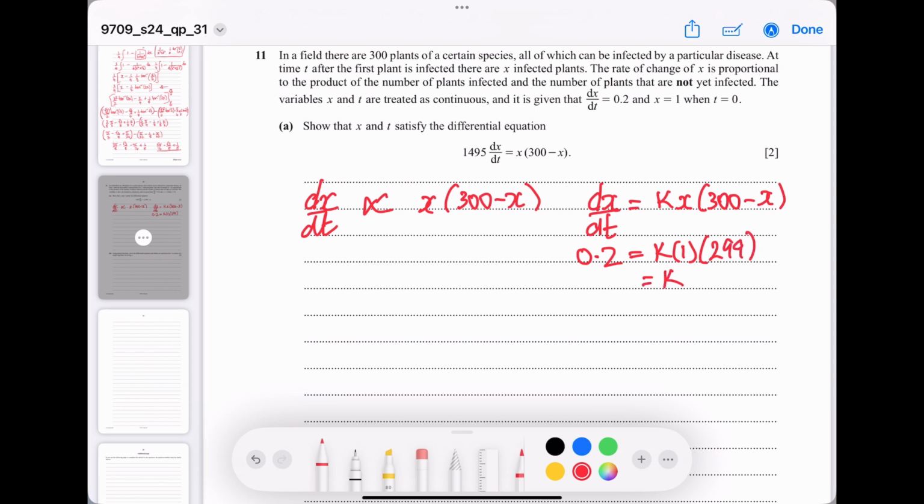So k is 0.2 divided by 299, which is 1 over 1495. So that means that dx dt is equal to 1 over 1495 x (300 minus x).